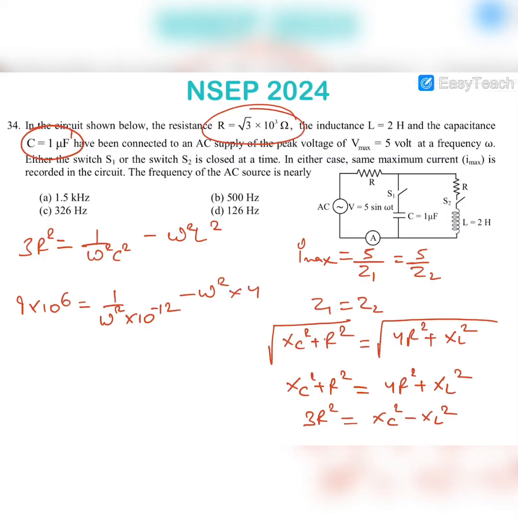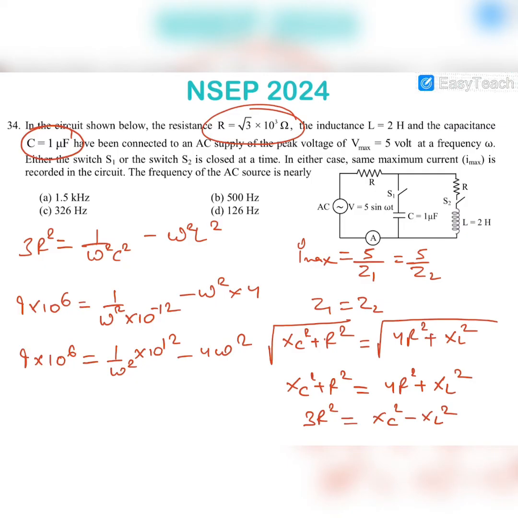So if we write it down, it is 9 into 10 raised to power 6 is equal to 1 upon omega square into 10 raised to power 12 minus 4 omega square.